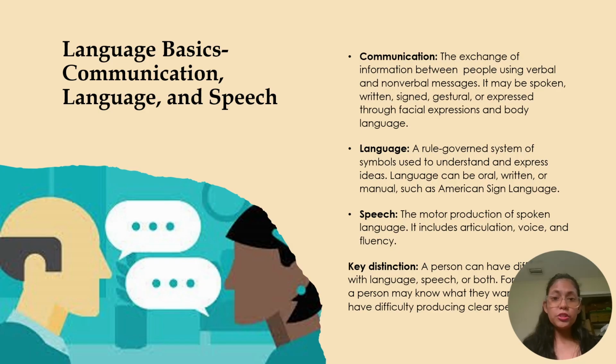Speech is a motor production of spoken language, and it includes articulation, voice, and fluency. A key distinction is that a person can have difficulty with language, speech, or both. For example, a person may know what they want to say, but they have difficulty producing clear speech sounds.